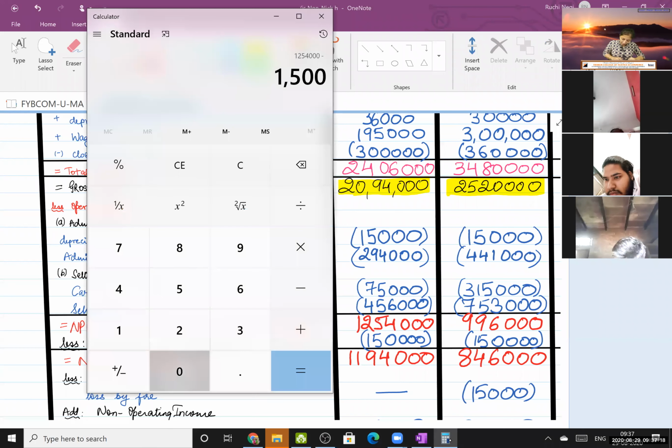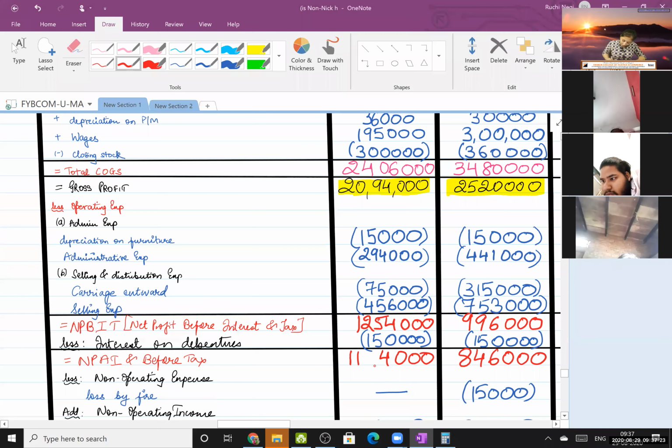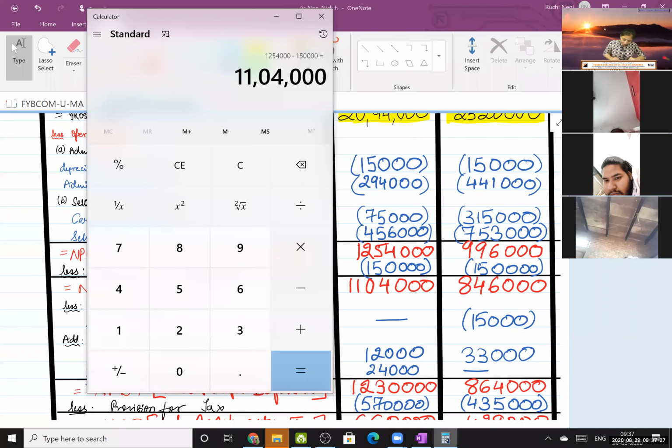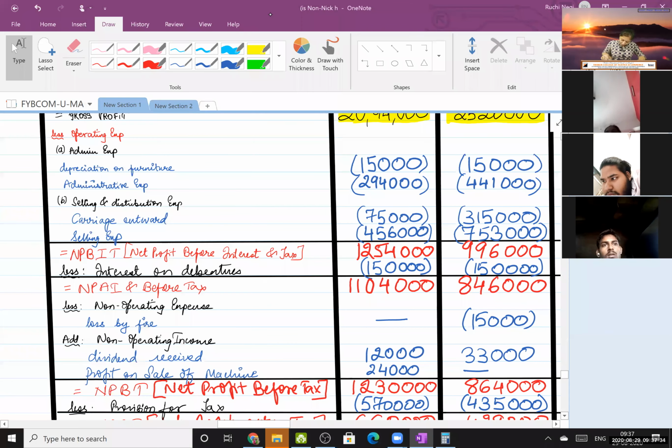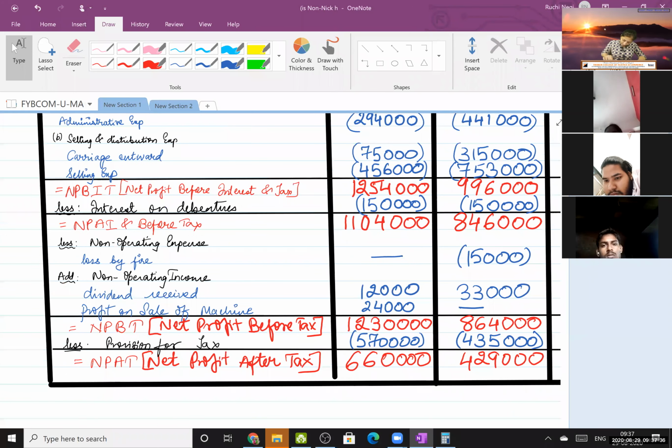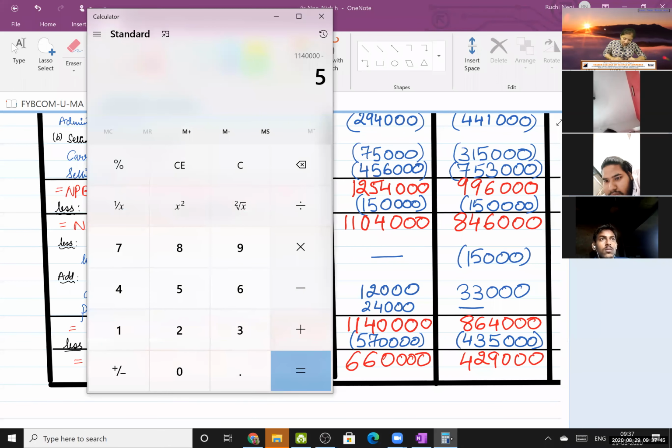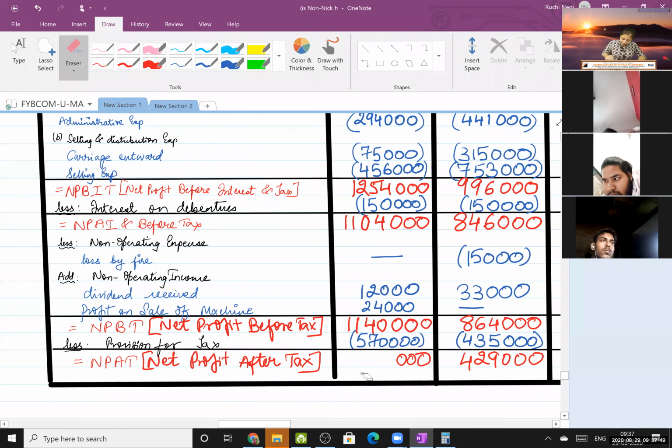Minus 1 lakh 50, 11 lakh 4,000. Plus 12,000 plus 24,000, 11 lakh 40,000. 11 lakh 40,000 minus 5 lakh 70. Now it matches.